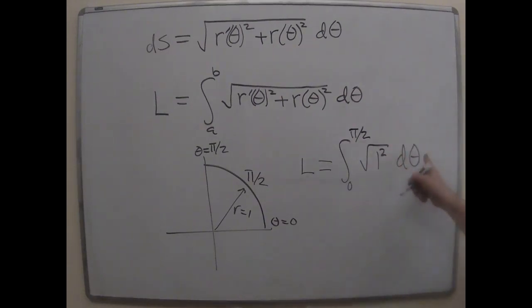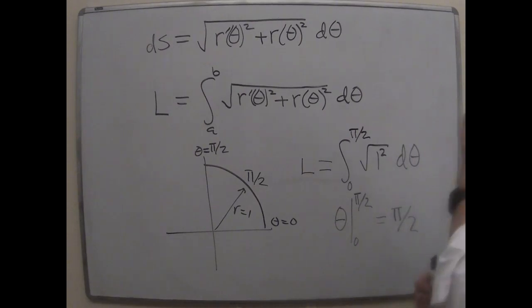That's just theta when we integrate. And so we get theta evaluated between the limits. So sure, it's pi over 2, but that wasn't very exciting because I didn't really see much of it. How about we do that cardioid? That would be a better example.